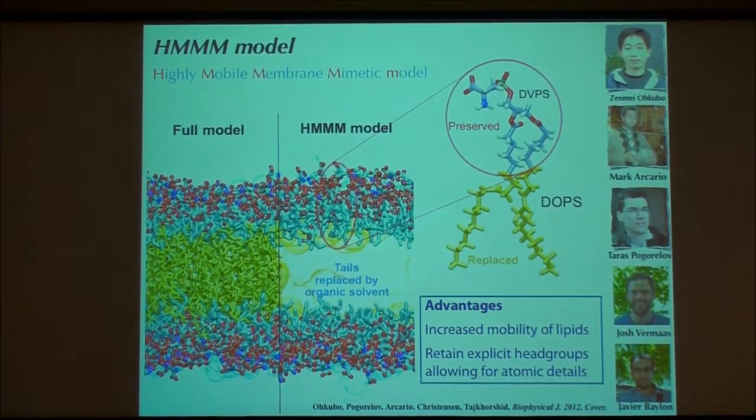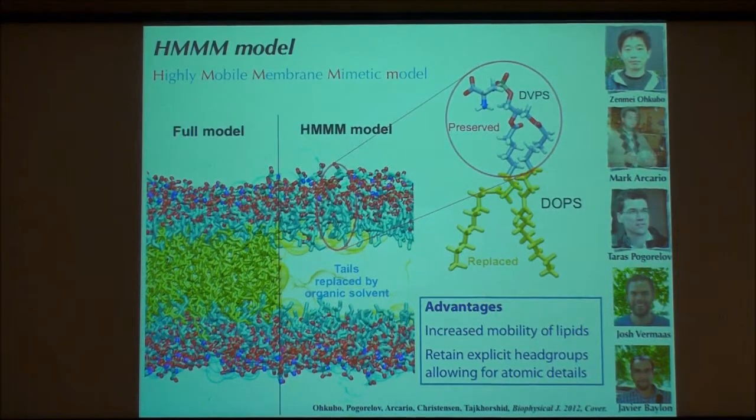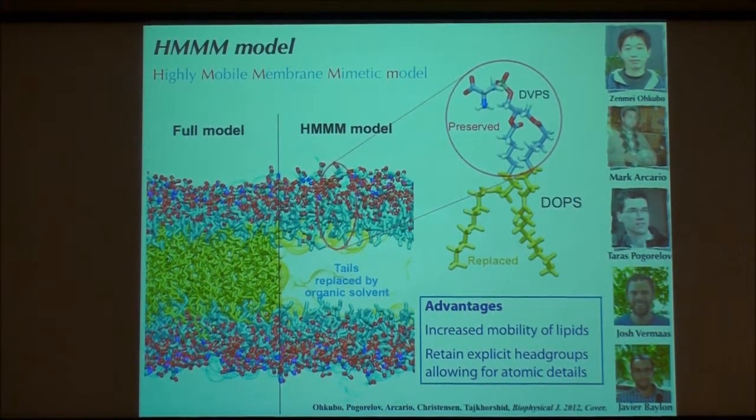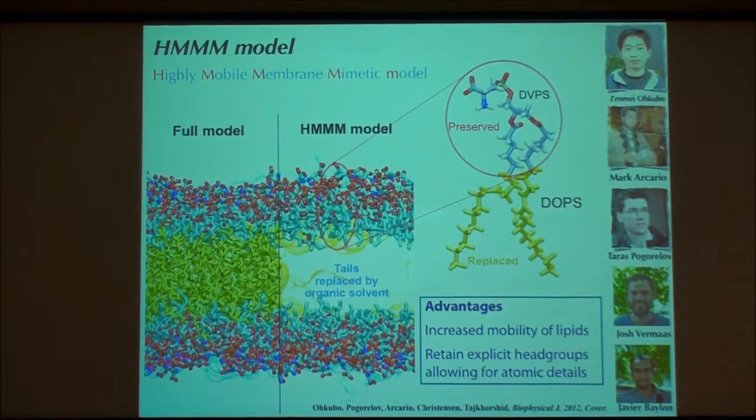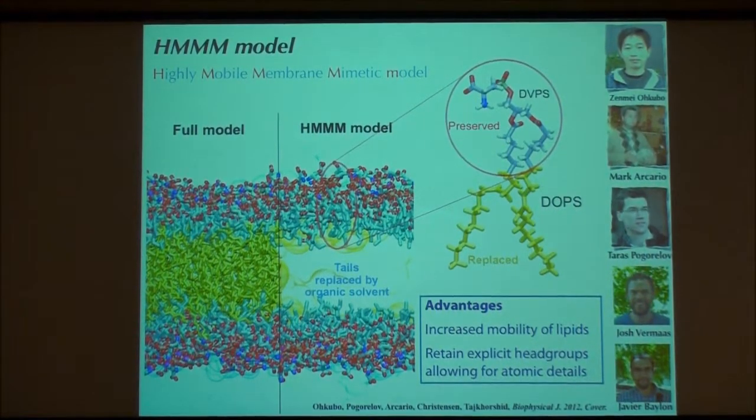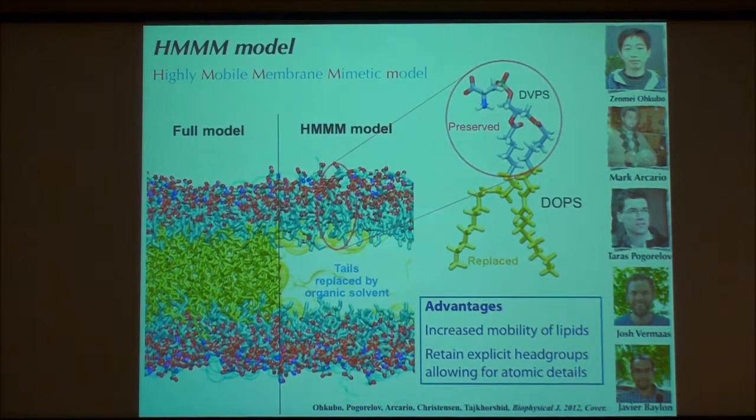Instead of having these long lipid tails that entangle and make the lipid molecules very slow, we can replace the core of the bilayer with an organic solvent. Hydrocarbons, still liquid, still hydrophobic, but it gives you much more fluidity in the core of the bilayer. Still everything is atomistic. You don't have to worry about coarse-grained approximations.